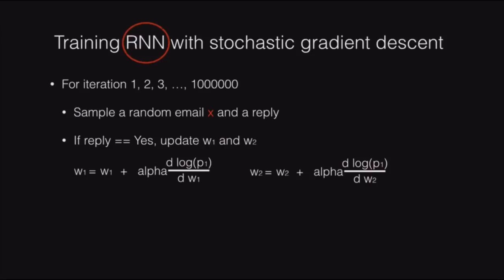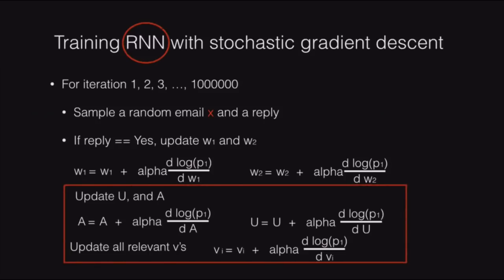But you also have to update all the relevant matrices, which are the matrix U, the matrix A, and some word vectors, right? So you have to compute the partial derivative of the loss function with respect to those parameters. That's going to be very complicated, and usually when I do that myself, I get it wrong.